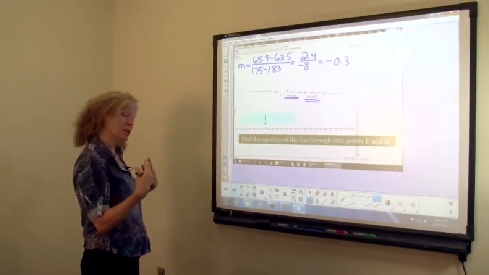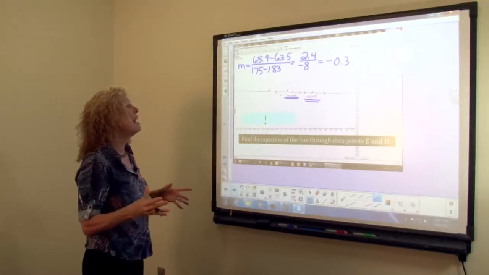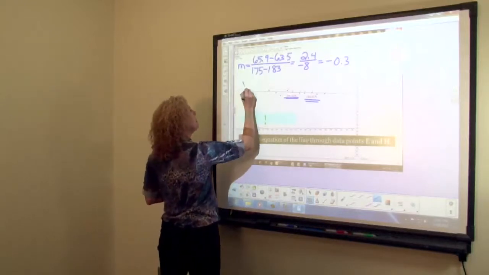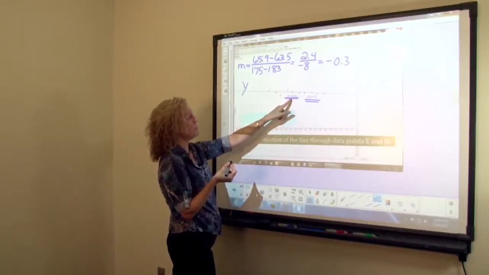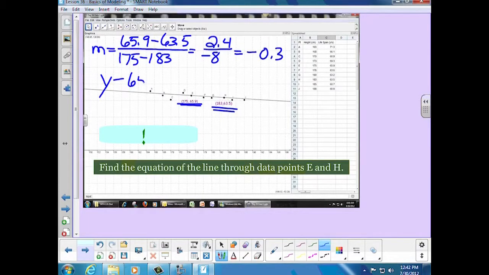And you know, once you get your slope, you have a couple of options for writing your equation. I really like point slope. So I would pick one of these 2 points. It makes no difference. I'll take point E, and I'll say y minus the y coordinate is equal to the slope times x minus the x coordinate.